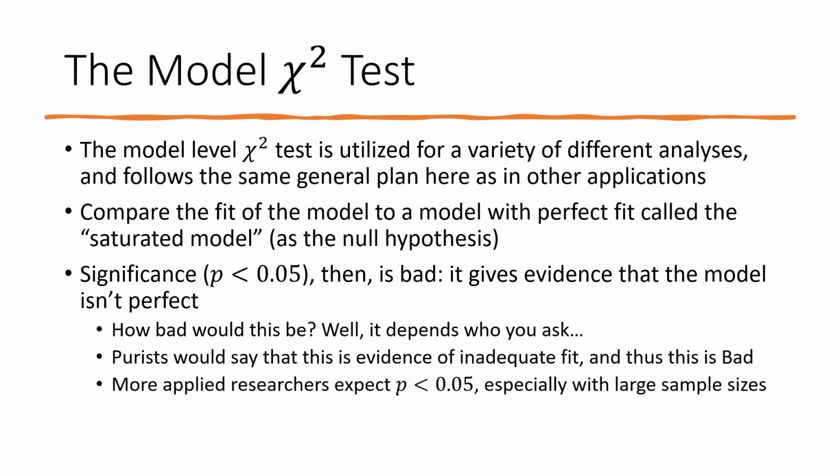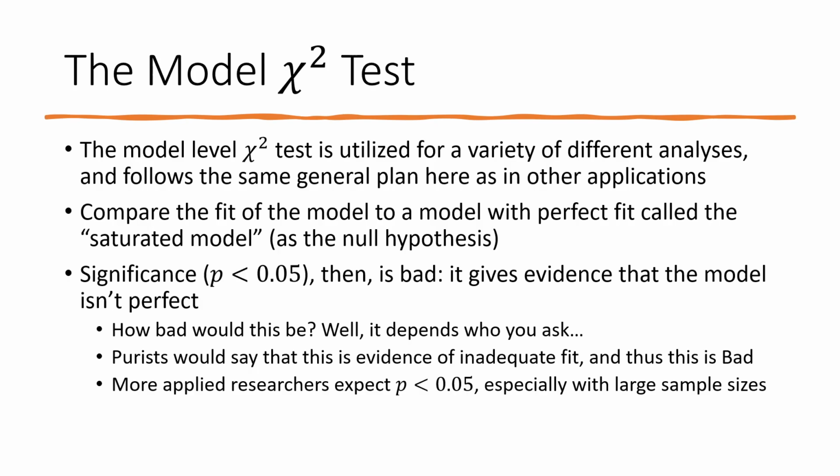On the other hand, more applied researchers kind of say that we're never going to perfectly capture reality. There's a ton of stuff going on. So as long as I'm really close, I'm not going to worry about it too much. And this is especially true with larger sample sizes.